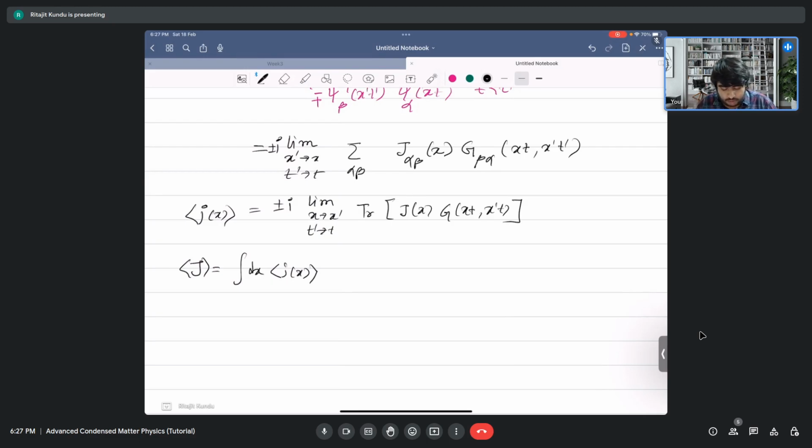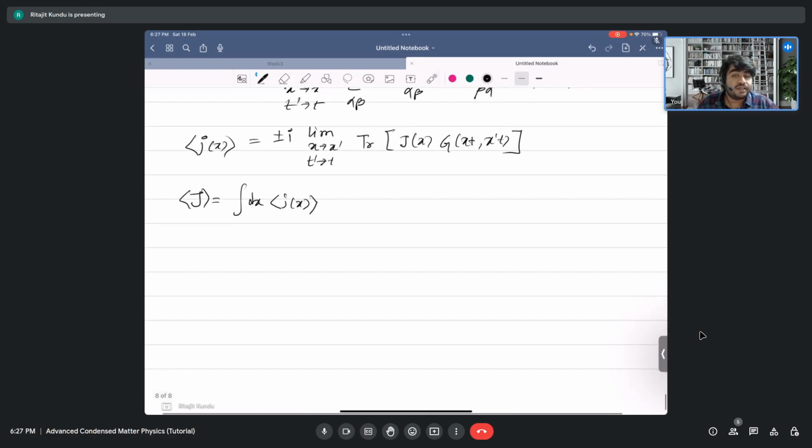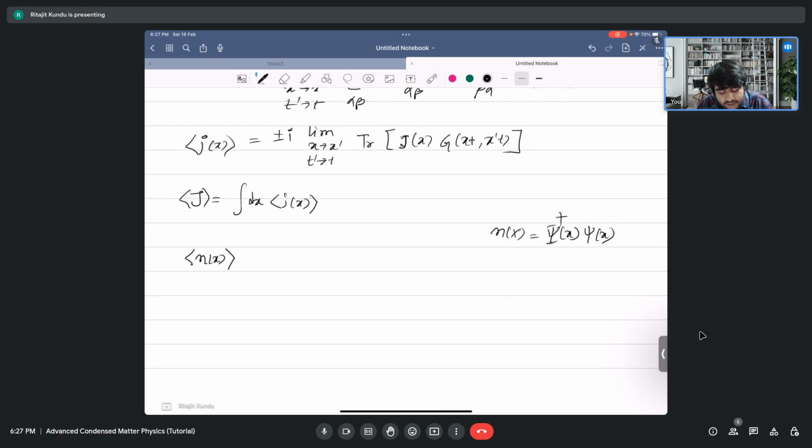Now I didn't mention any operators, but now I will plug in different observables in place of this j. For example, if I am looking into the number density expectation, the number density is just like an identity operator, right? Because nx, if you remember, is just psi x dagger psi x, and there is nothing else.